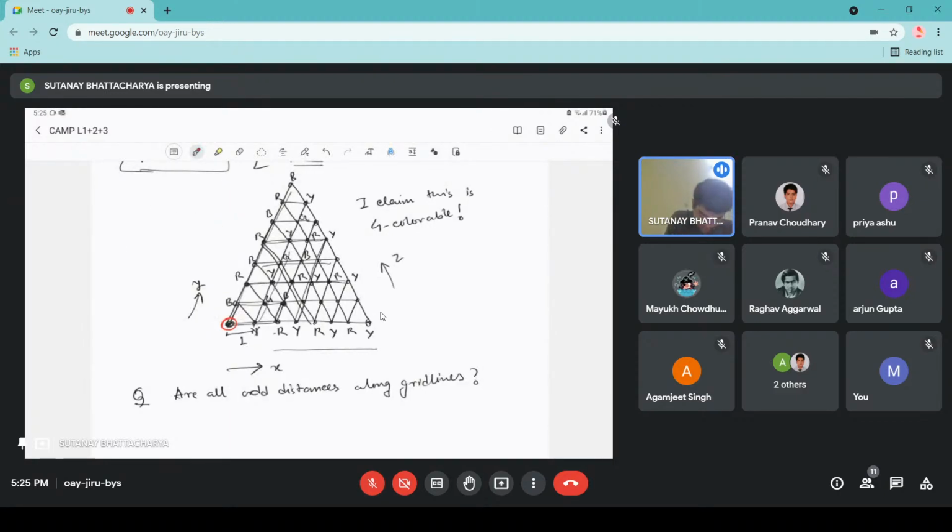If you take this point, go 5 units along this direction, and 3 units along this direction, you reach this. Turns out this distance is actually an odd integer. And we can calculate exactly how much. So in this triangle, this is 5, this is 3, and this angle is 120 degrees.